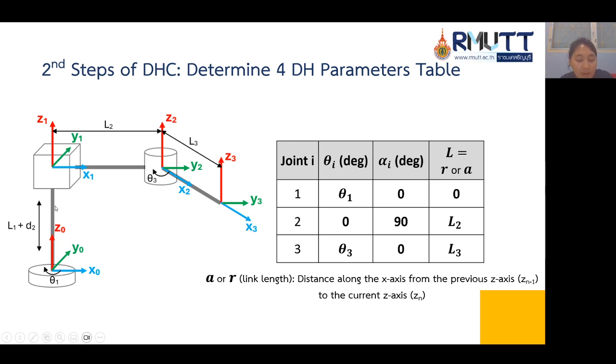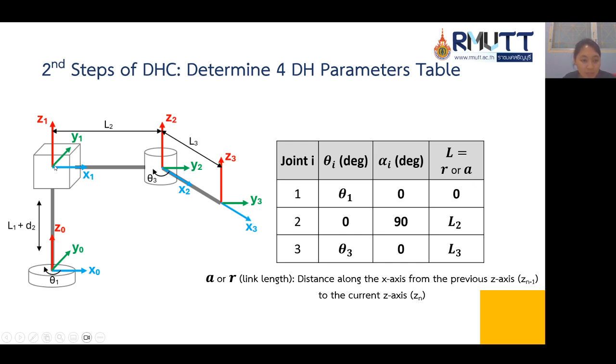We can see here, the distance along the x-axis is 0 because the previous z-axis to the current z-axis is in line, so the value is 0.